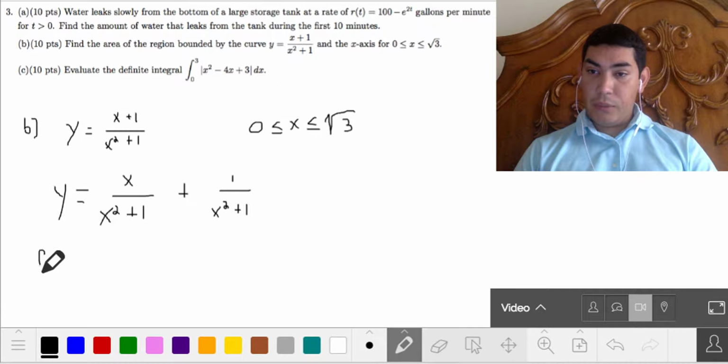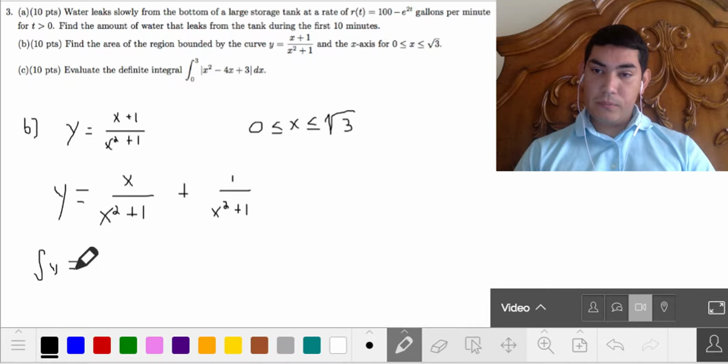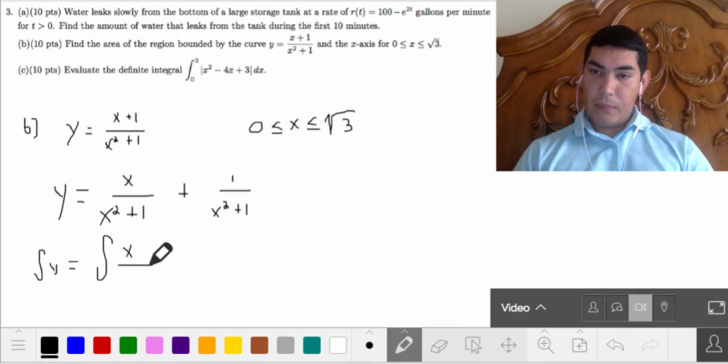We want the integral of y, which is going to be equal to the integral of x divided by x squared plus 1 dx.